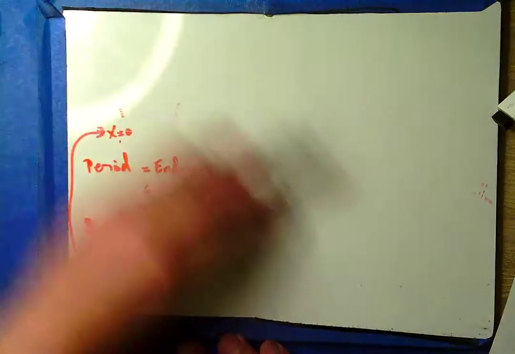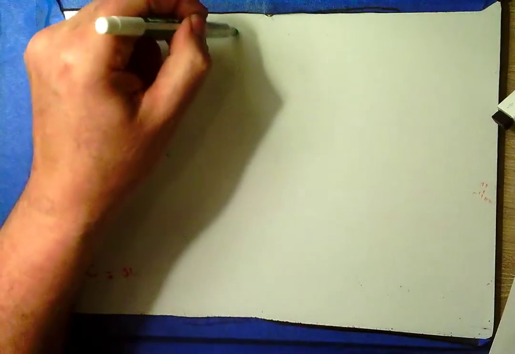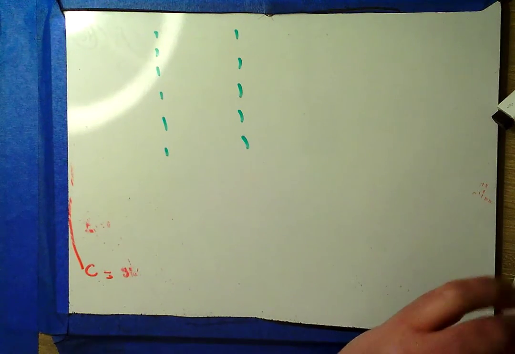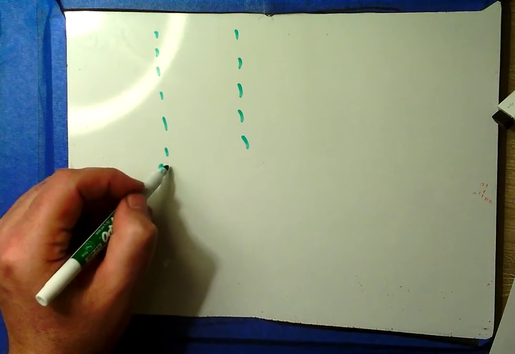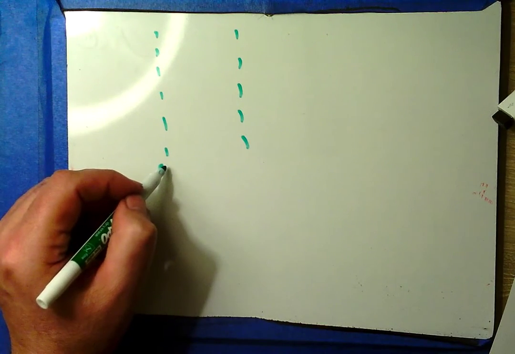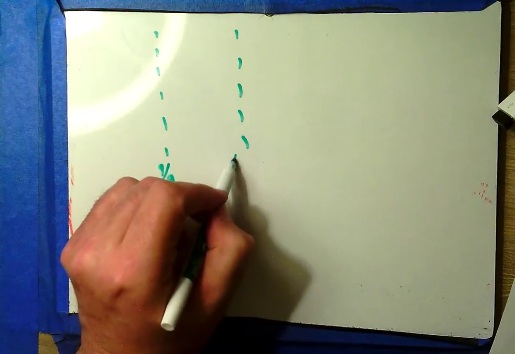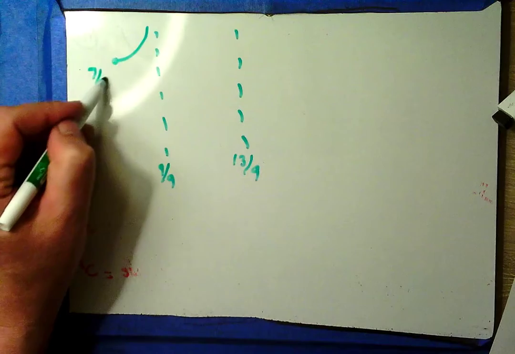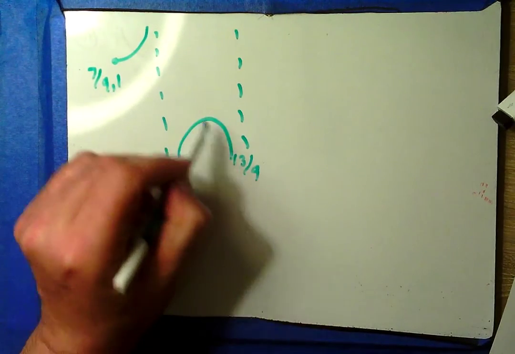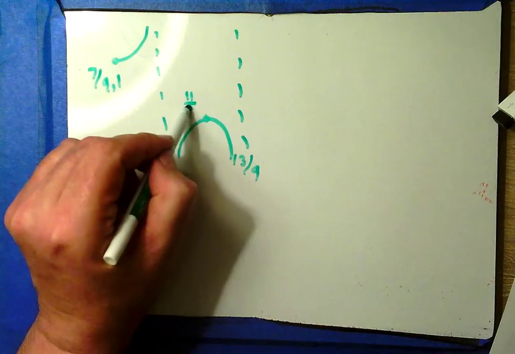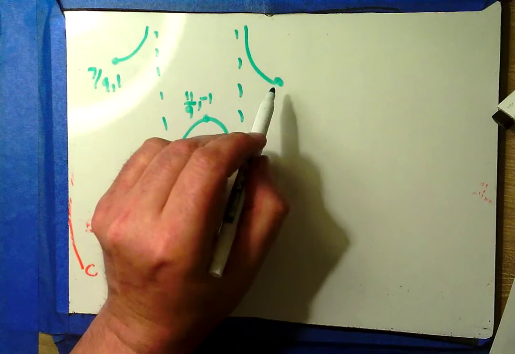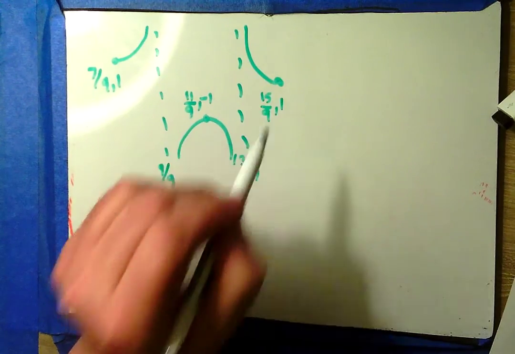Let's take a look at 32. Oh, 32 is our secant graph. 32 has vertical asymptotes at 9/9 and 13/9, and this goes to 7/9 at 1, and this goes to 11/9 at -1, and then this piece goes to 15/9 at 1.